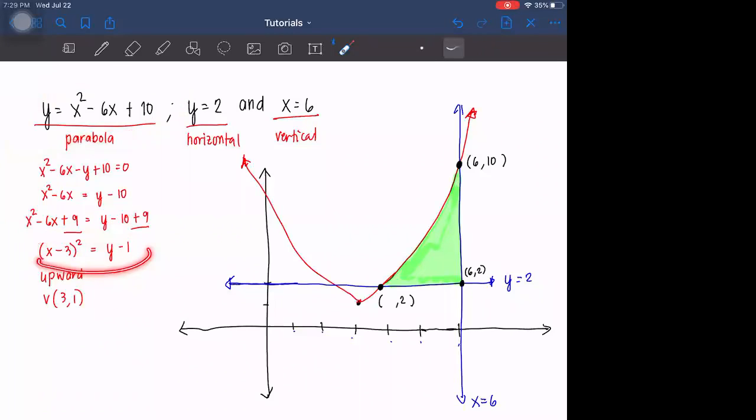Okay, so if y is 2, then 2 minus 1 is 1. Yeah, you extract the square root, plus 3.